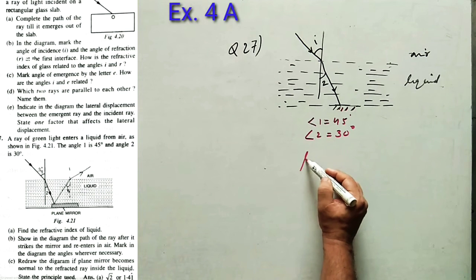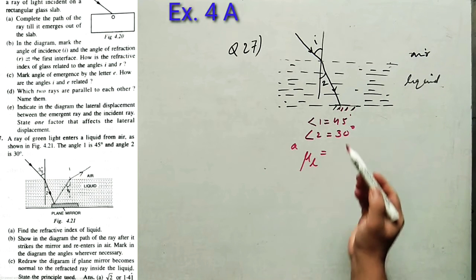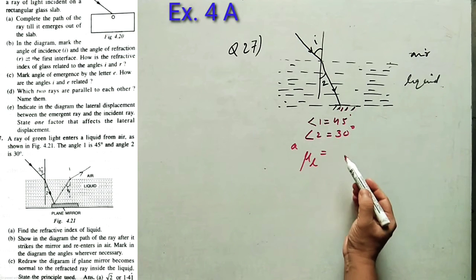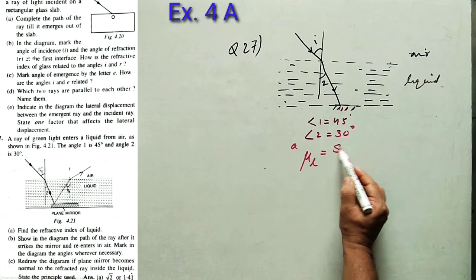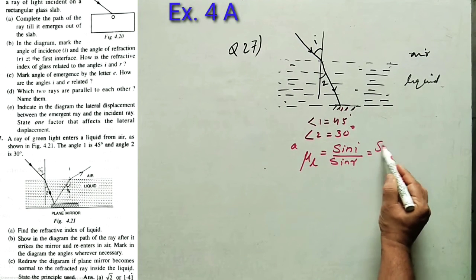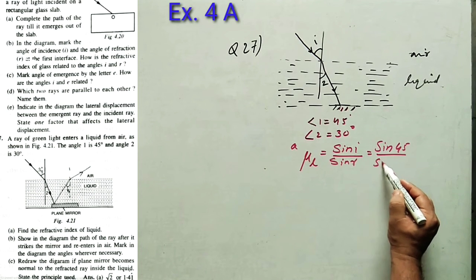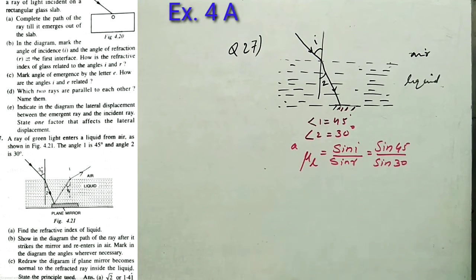Refractive index of liquid with respect to air in terms of angle of incidence and angle of refraction. All of you know the Snell's law, that is sine i divided by sine r. So what is the sine of angle of incidence? Sine 45 upon sine 30. Clear?